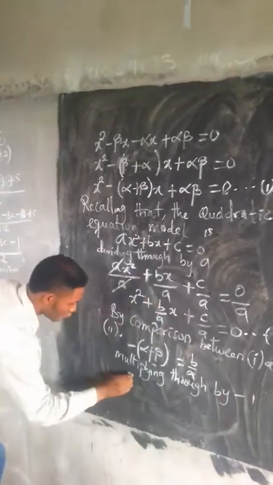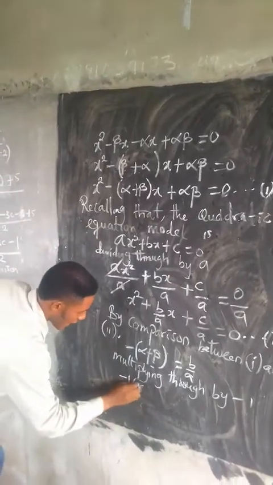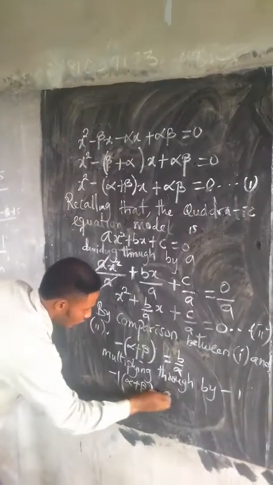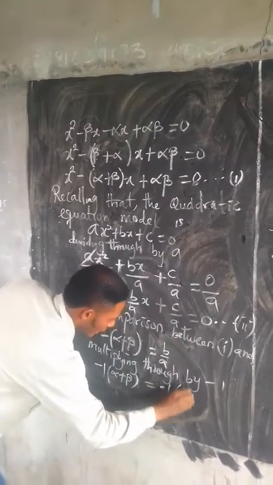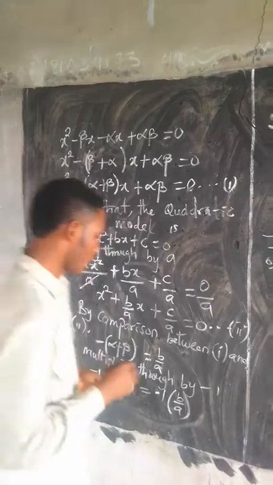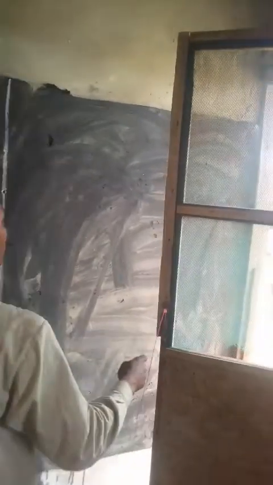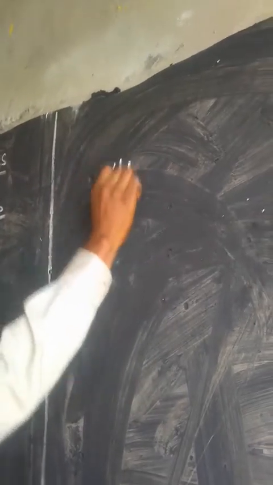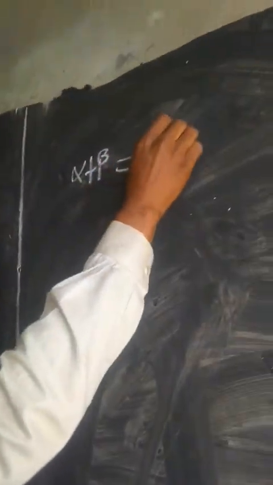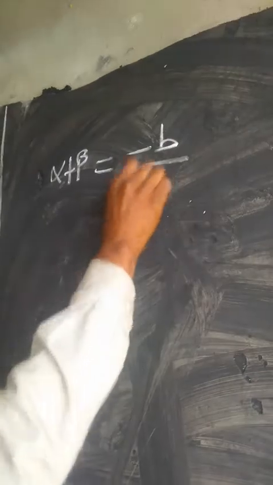So we have minus 1 (alpha plus beta) equals minus 1 (b over a). Now, when we multiply that, we have alpha plus beta equal to minus b over a. That's the first one.